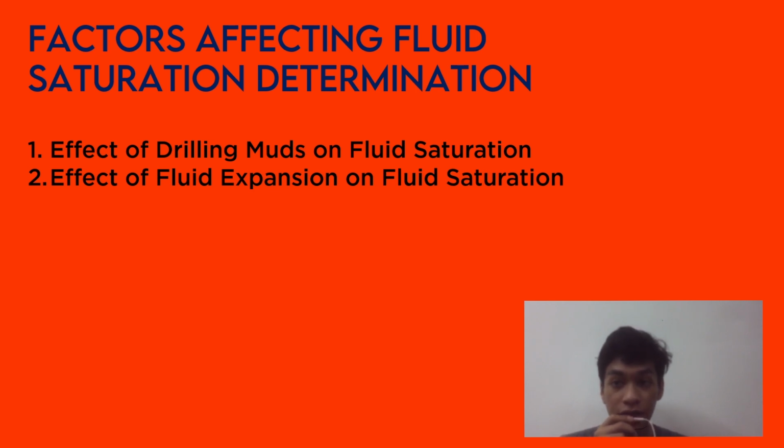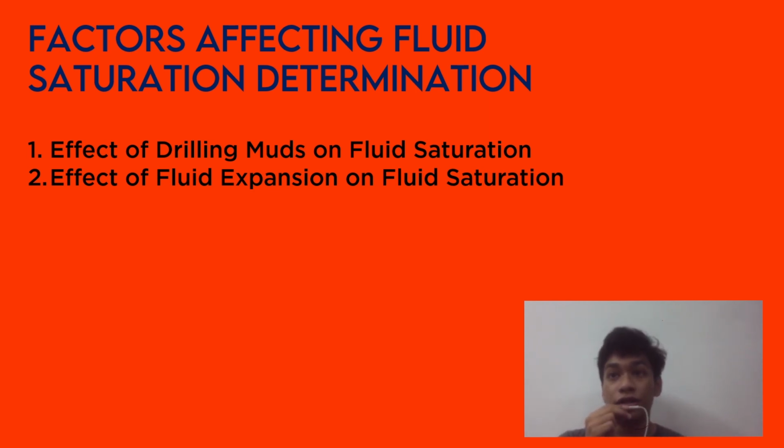Therefore, this pressure gradient across the well face causes mud and mud filtrate to invade the formation, resulting in flushing the formation with mud and its filtrate, thereby altering the fluid saturation in the reservoir. And the second one is the effect of fluid expansion on fluid saturation.